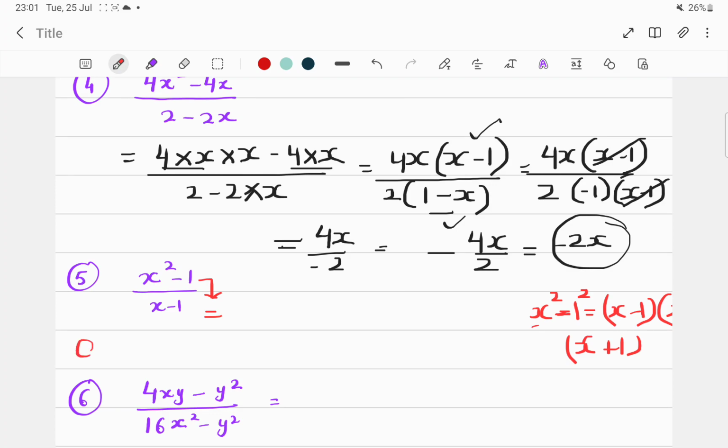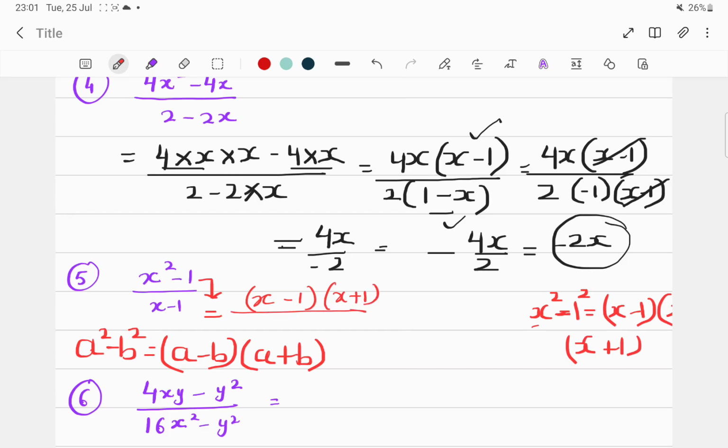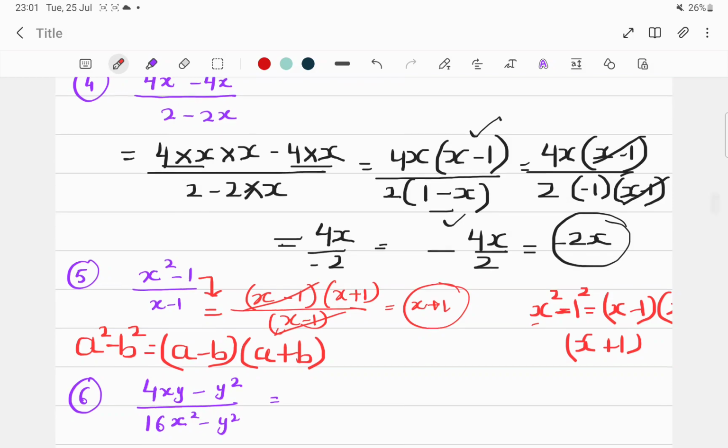Basically it is a squared minus b squared is equal to a minus b times a plus b. So there I can write it (x minus 1) times (x plus 1) divided by (x minus 1). So x minus 1 and x minus 1 got cancelled, and we are left with our answer as x plus 1.